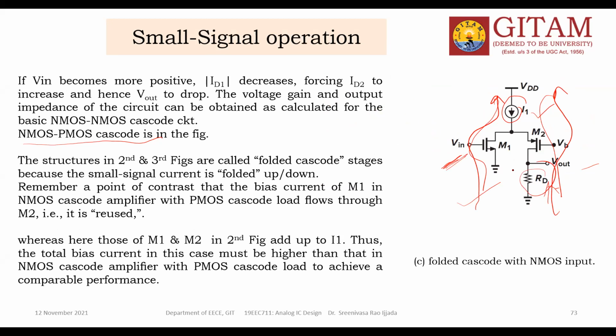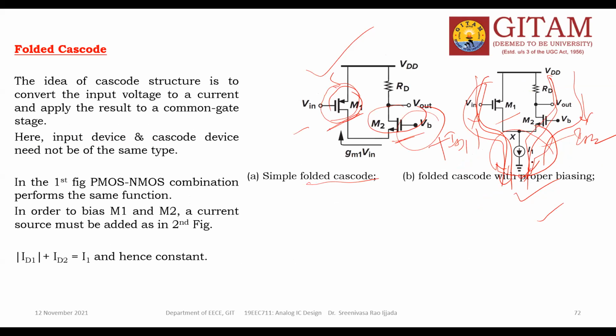Whereas here, those M1 and M2 in the second stage, in the second figure, add up to I1. Since I1 is splitting, it is nothing but ID1 plus ID2.